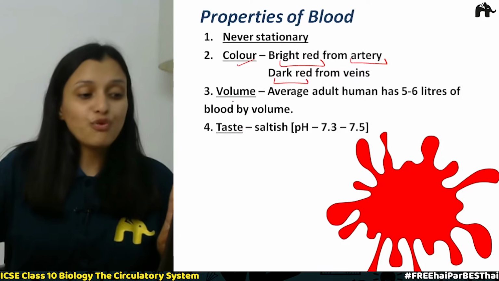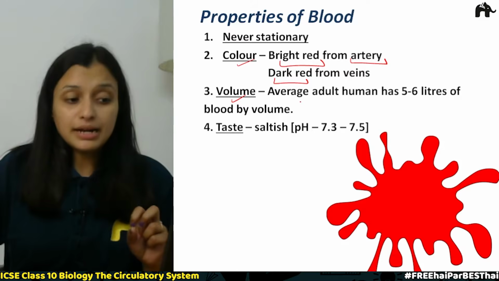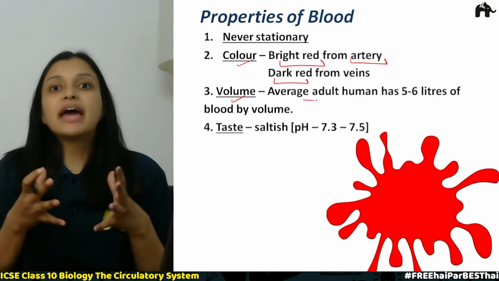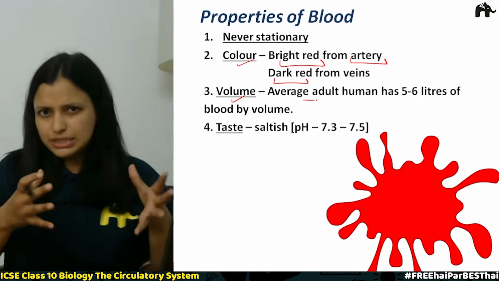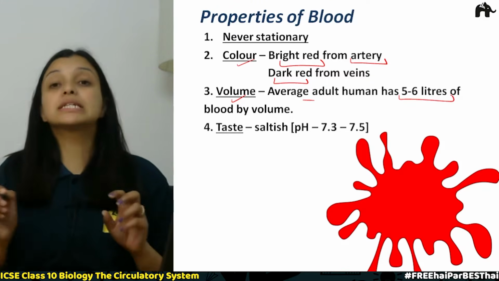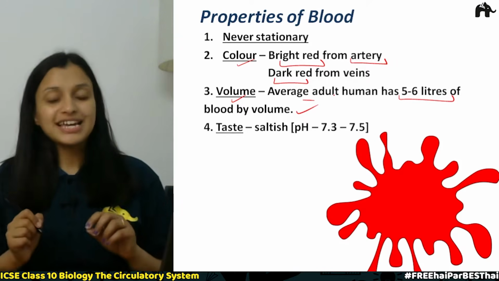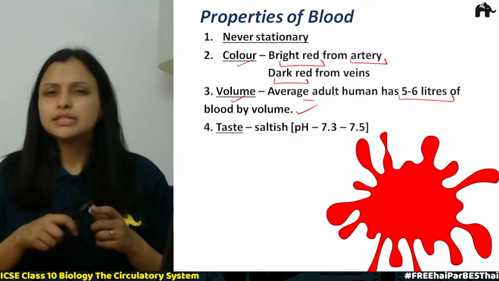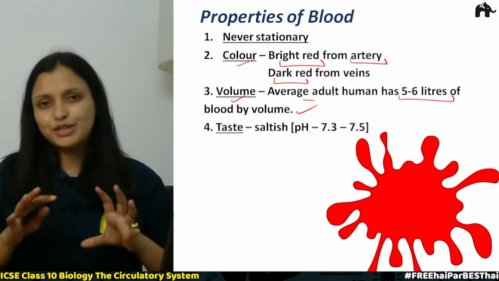Correct? Now the volume. If we talk about the volume of the blood, an average adult, if you talk about yourself now, okay, you are a little small, but an average adult human being has 5 to 6 liters of blood by volume. Correct? Now talking about the taste. Have you ever tasted blood? You must have done it in your lifetime.